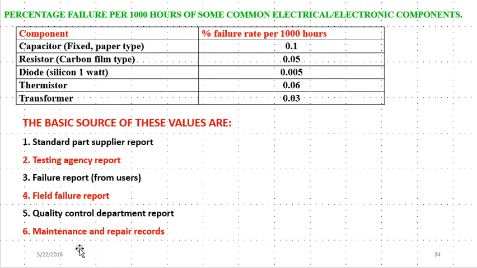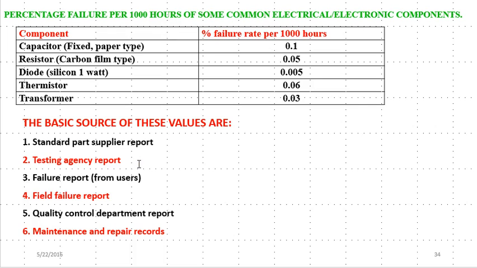These are the basic sources of getting reliable values for this percentage of failure rate per 1000 hours. One method is from the standard part supplier. Those that supply components to people will be getting reports of the components that failed, therefore they can calculate the percentage. The testing agency: we have some laboratories, especially in developed countries, private laboratories.